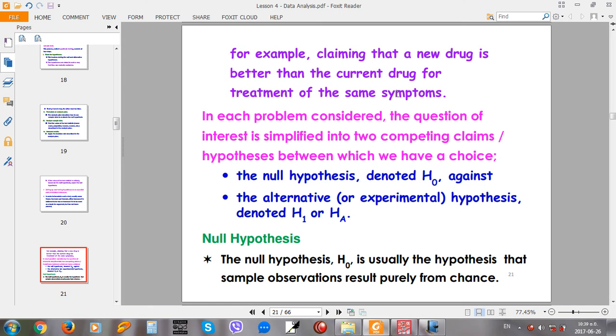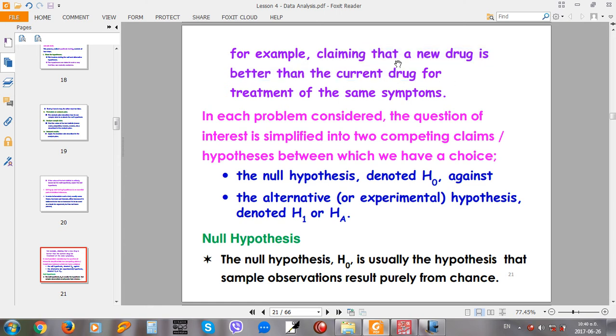Here they consider two drugs for some disease or symptoms. So a researcher needs to examine whether the new drug is better than the current one. That is our research, so based on this we have to state the null hypothesis and the alternative hypothesis. So what is our research? Claiming that the new drug is better than the current drug.